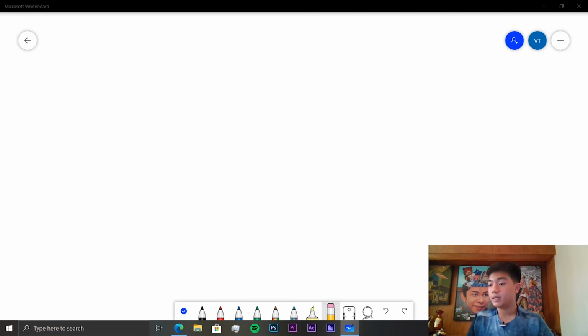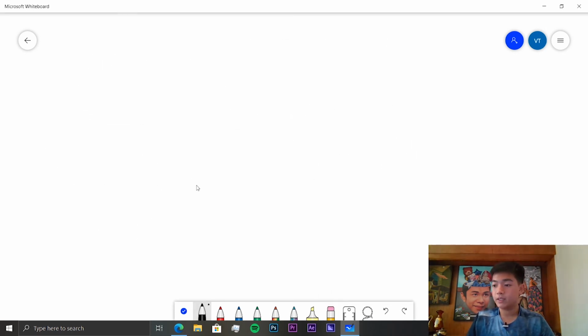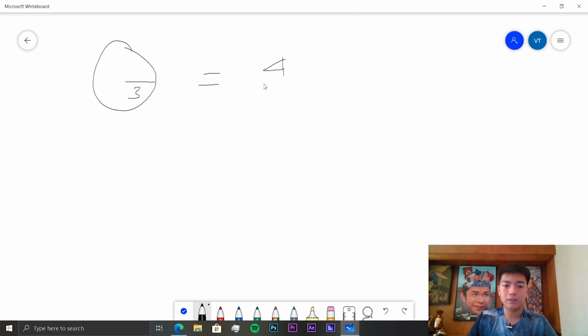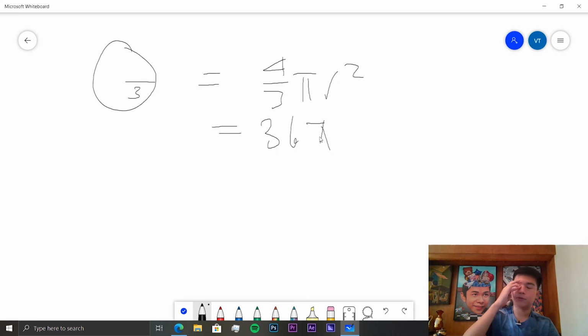And that one is, we have 12 spheres, each with a radius of 3 centimeters, fully immersed in a cylinder of water with radius 10 centimeters. Find the rise in the water level. Okay, so if we have 12 spheres, each with a radius of 3 centimeters, that means the total volume is 4/3 pi r cubed, which is equal to 36 pi, since 4 times 9.